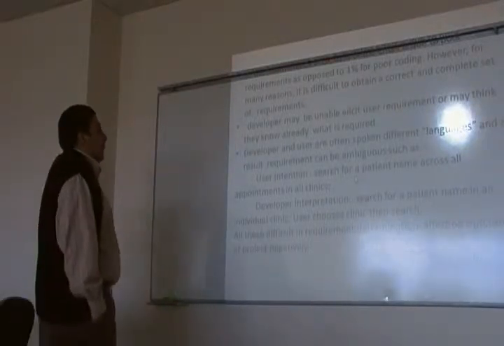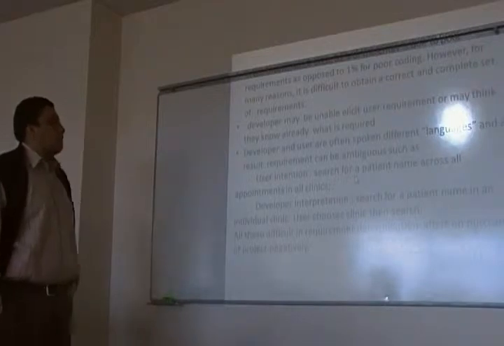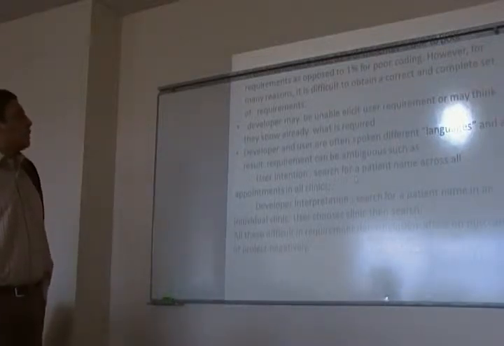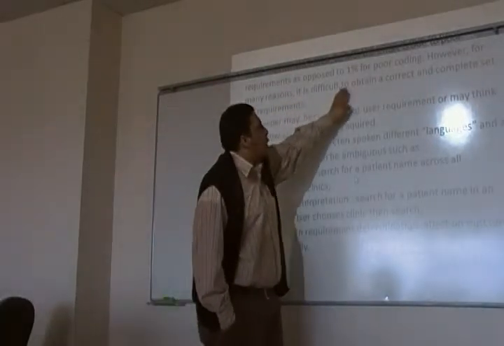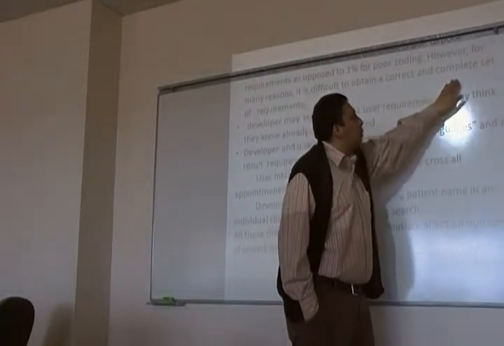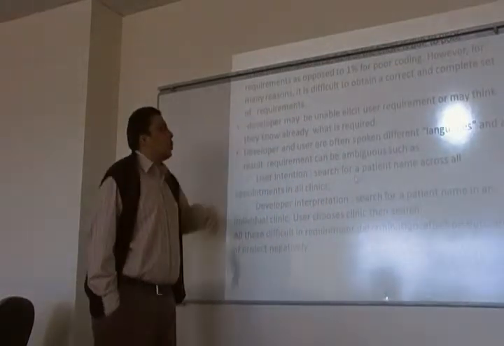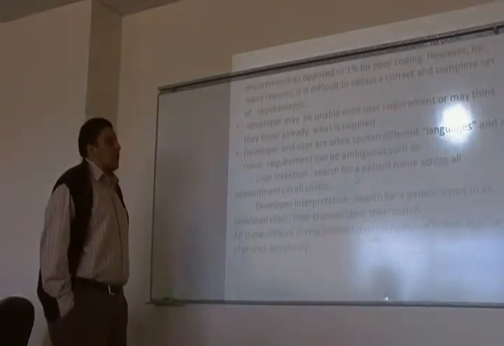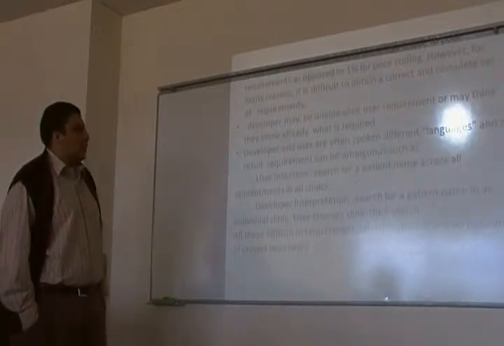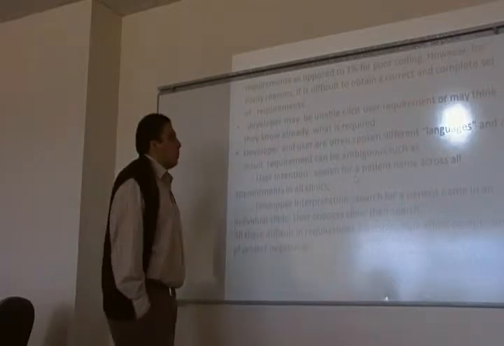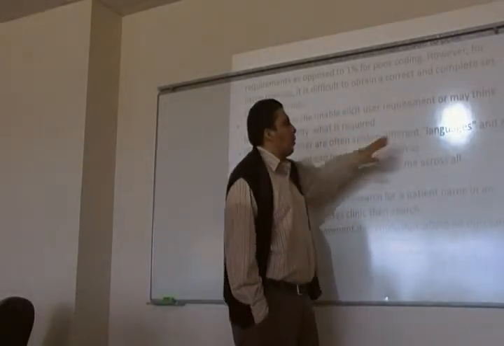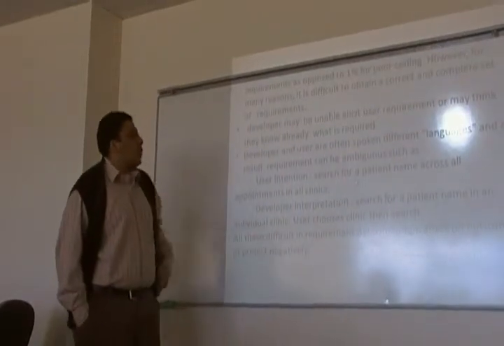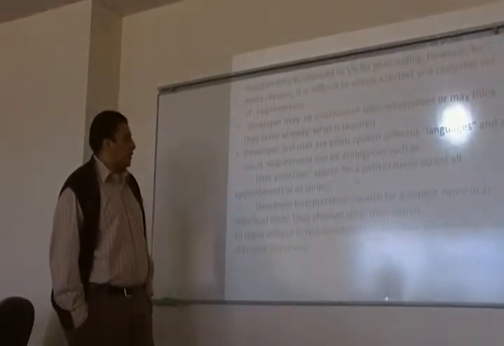For many reasons, it's difficult to obtain a correct and complete set of requirements because of ambiguous or unclear requirements. Developers may be unable to accept or discover user requirements, or may think they already know what is required.